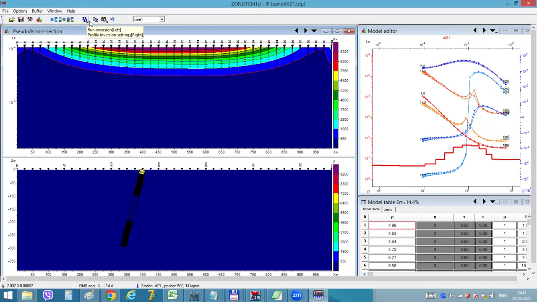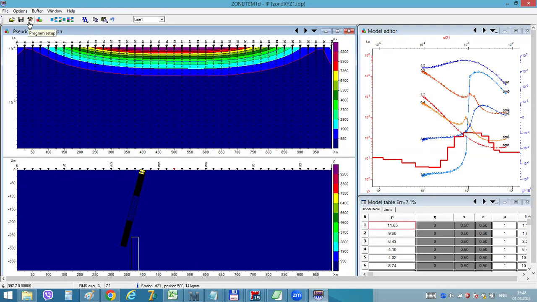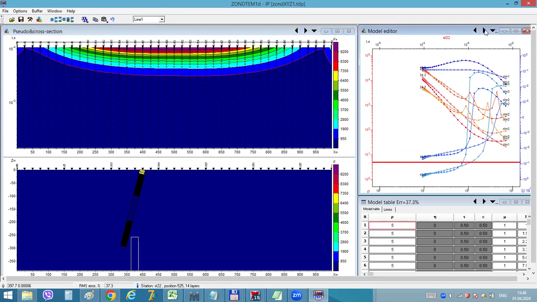Okay, and again it works. Of course, we can repeat our inversion again, and now we have a pretty good misfit, you can see. And we don't need to choose some initial model correctly. So sometimes it may work.